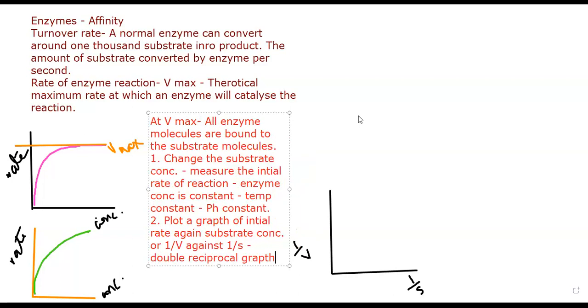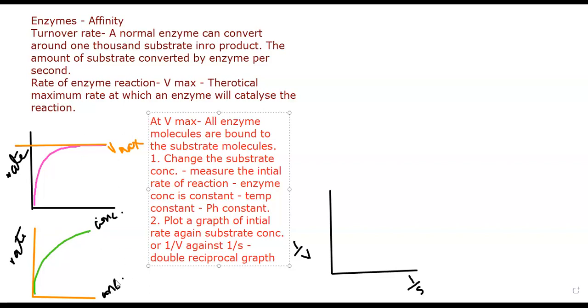So I can plot this. What's the advantage? The problem with the earlier graph is that I can increase the substrate concentration to infinity, because my graph will never flatten out. I told you that's the mathematical property of this particular graph. It will never truly 100% become horizontal.